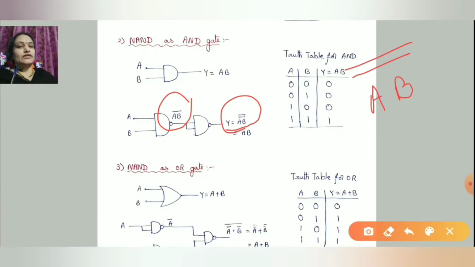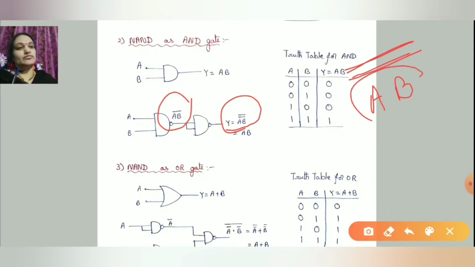Now let me explain this expression, AB double complement. In Boolean algebra, the double complement of any variable is equal to that variable only.